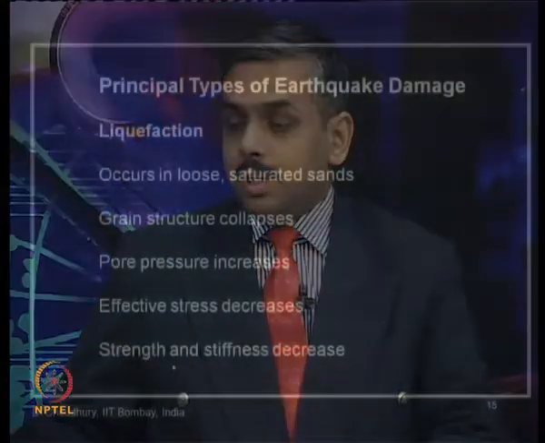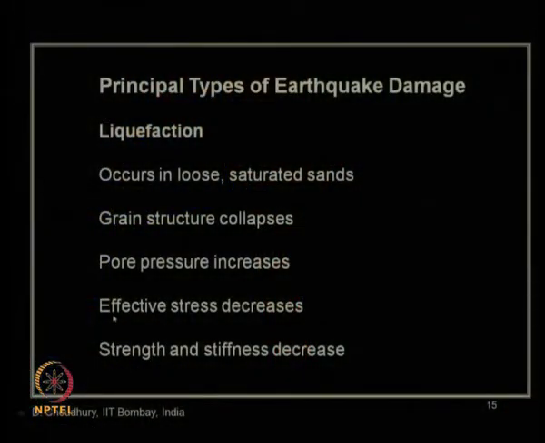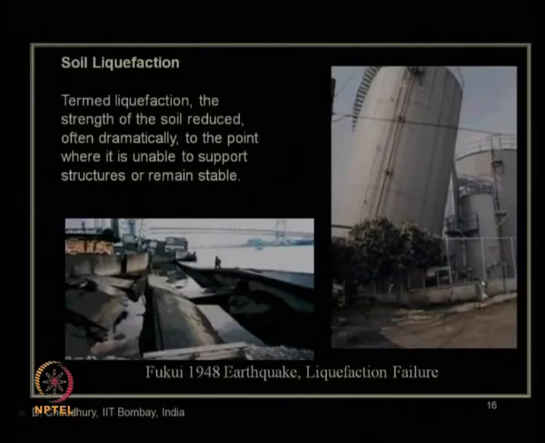The reduction in effective stress will reduce the strength and stiffness of the soil. Finally, that behavior, known as liquefaction of the soil, will create damage to structures constructed on soil prone to liquefaction during earthquake loading.